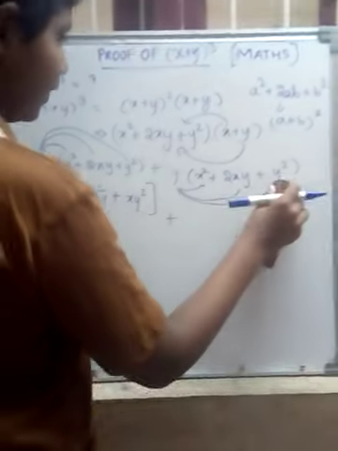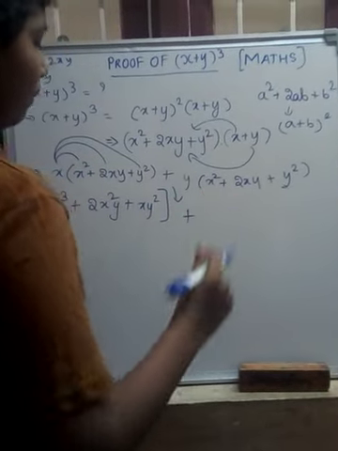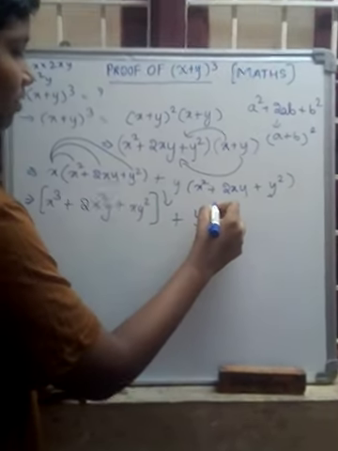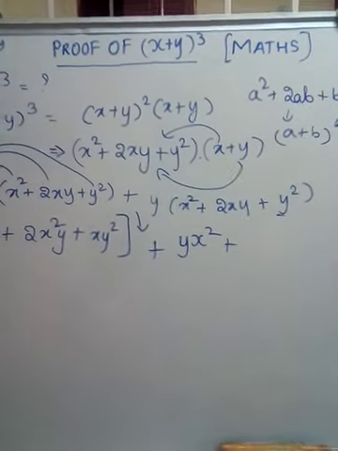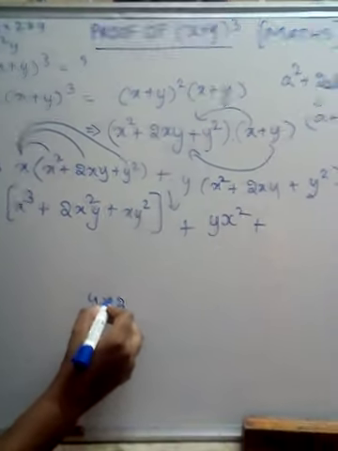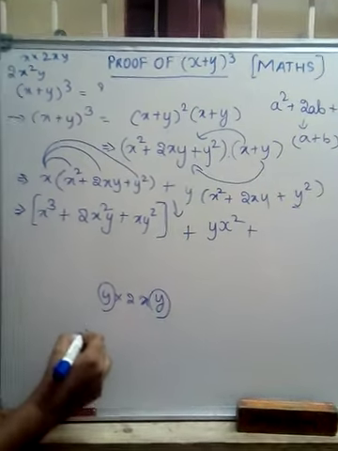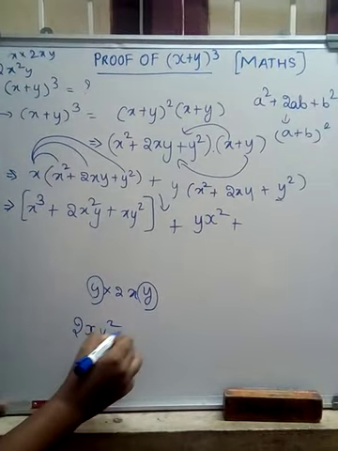Now with y, as in the middle plus sign is there, plus y into x square, y x square, plus sign again, plus y into 2xy. Here we have done x into 2xy, now y into 2xy. Here 2 and the y's, y, y, so 2x will remain the same. y into y is y square, so 2x y square.